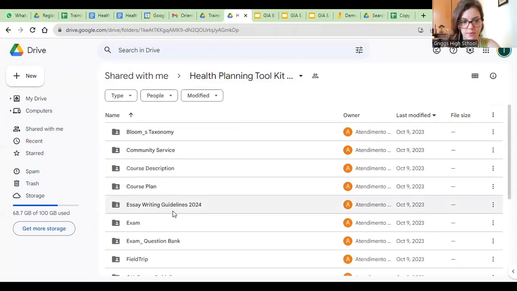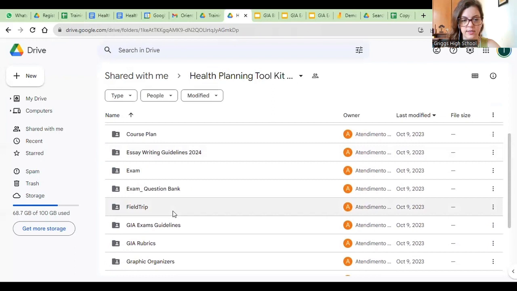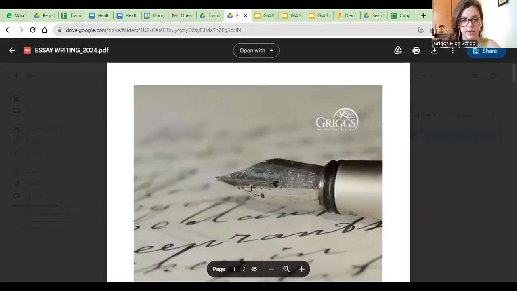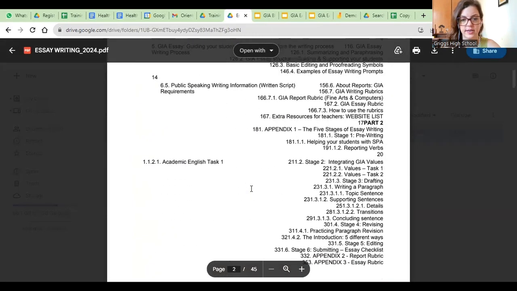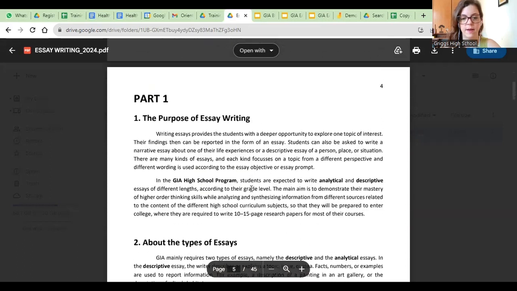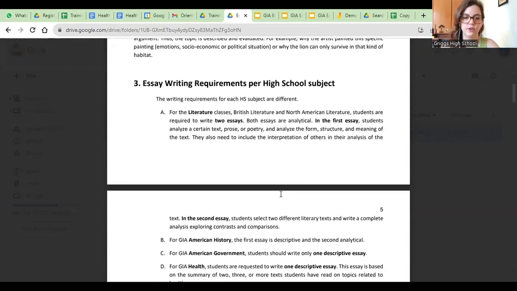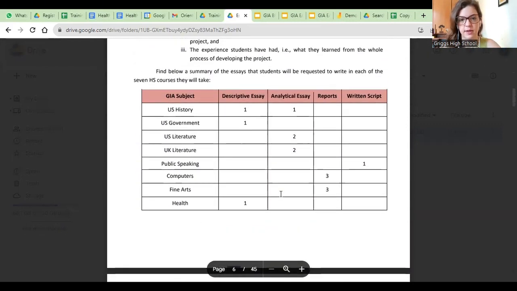For the essay, oh, I didn't show you the essay guidelines yet. So the essay writing guidelines, very important that you check it as well. They have valuable information. It's like a textbook, 45 pages, covers everything you need to know about essay writing.